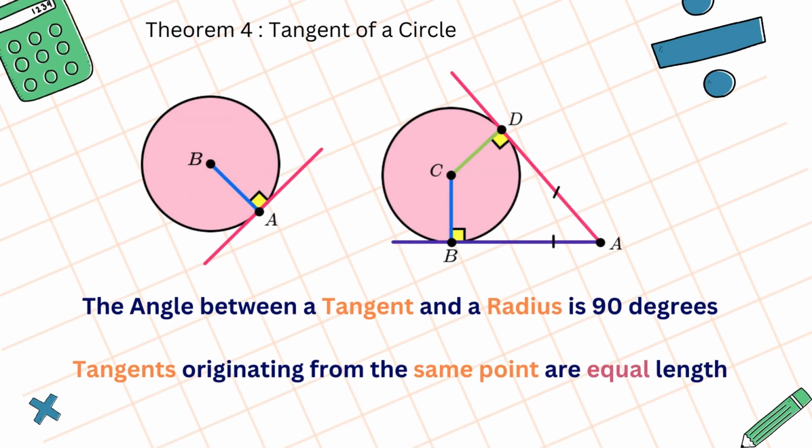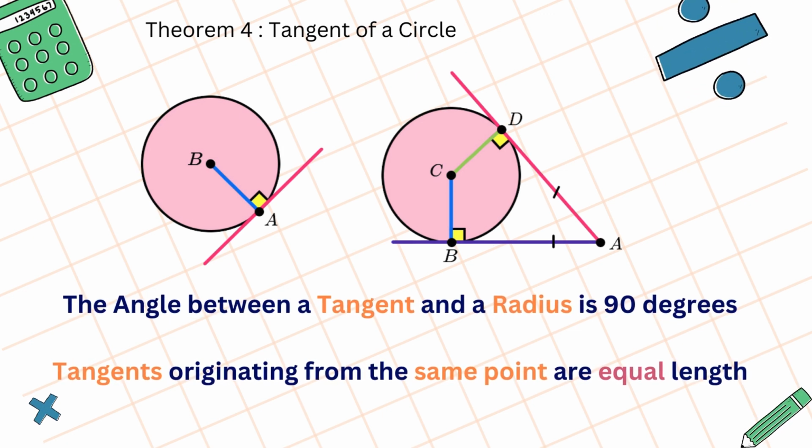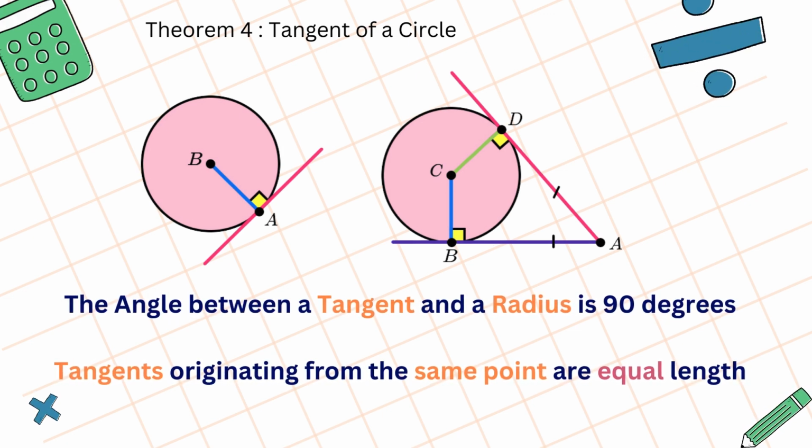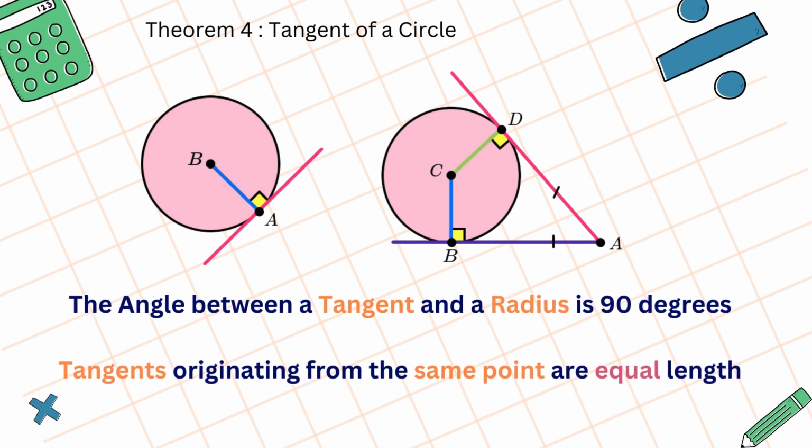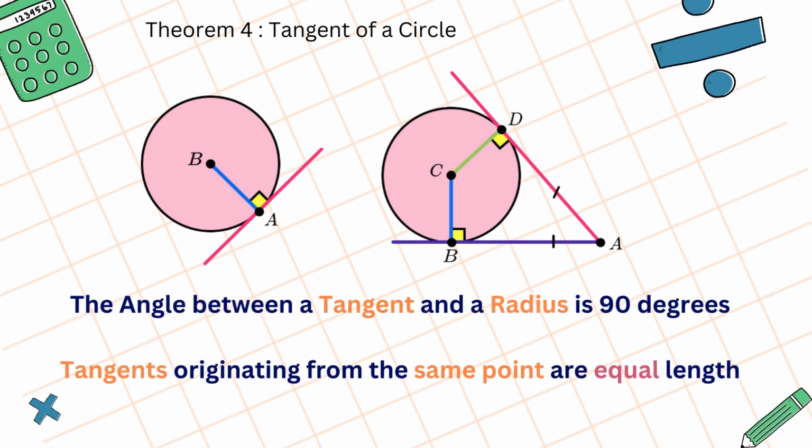This brings us to the fourth and the last theorem of this video, tangent of a circle. This theorem states the angle formed between a tangent and a radius is 90 degrees. And it also states that tangents originating from the same point are equal in length. Before we dig deeper, let's recap what's a tangent.